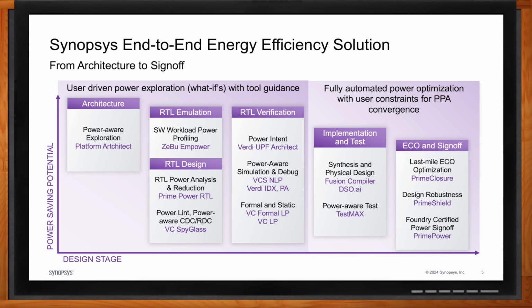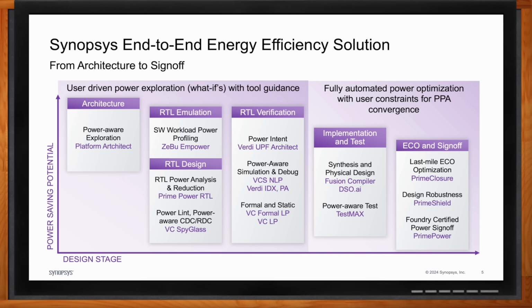So that's the overall solution, just like what you saw in the shift left slide. Early on in the design stages, you're looking at basically what-if type analysis, you're looking at exploration capabilities. This is where you make significant choices in terms of your architecture, in terms of IP selection. Software workload power profiling is really important at that stage.